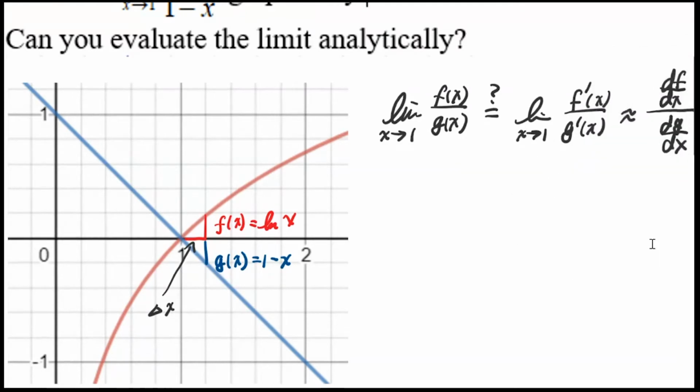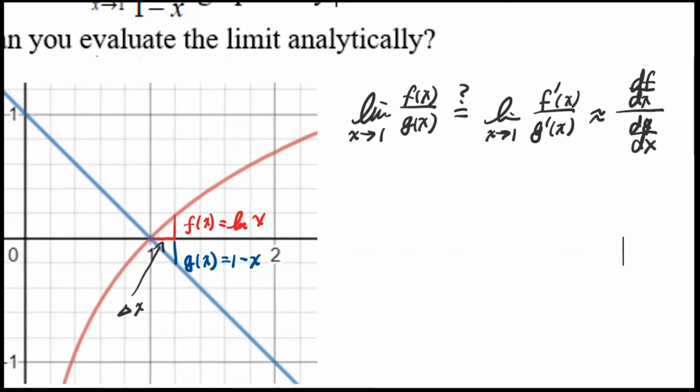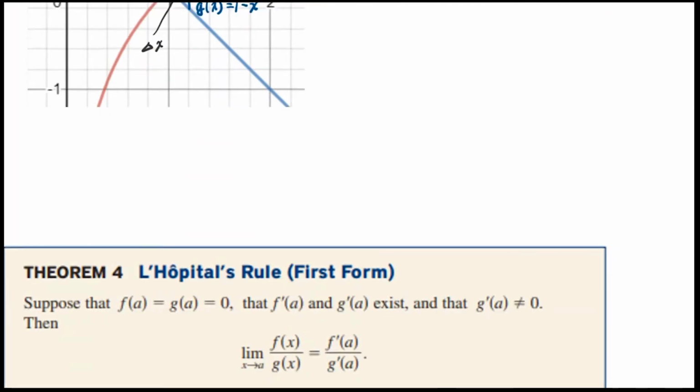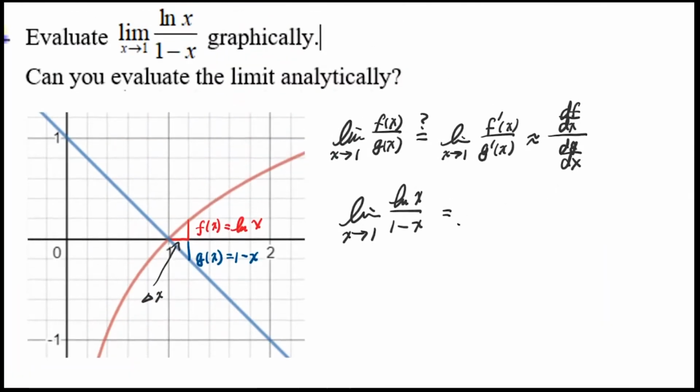I'm going to put them right here. So this is how you use it. When we have the limit of ln x over 1 minus x, x approaching 1, what we do is, and this is known as a stronger form, I put the limit again. This is more convenient.